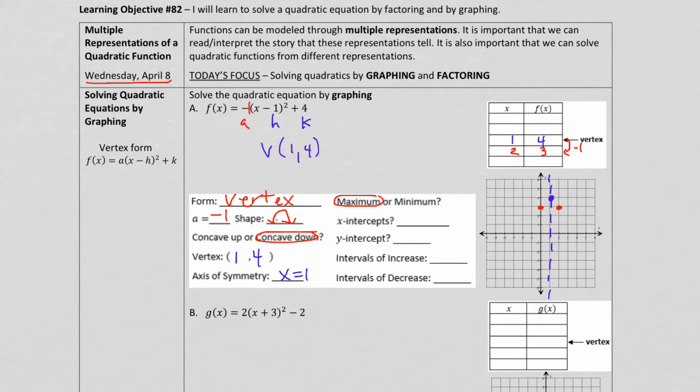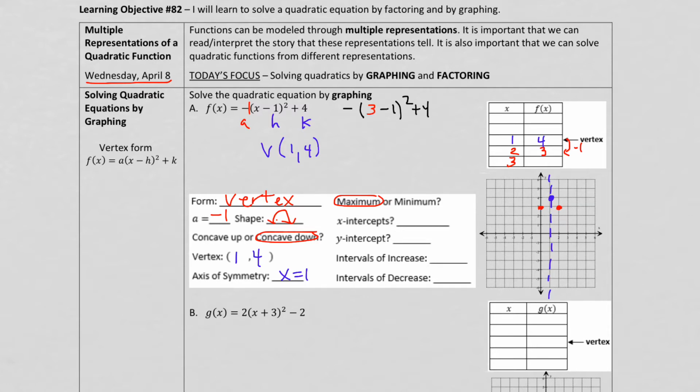To finish, I can find an additional point by finding, say, the input of 3. So if I just input 3 into my original equation, so negative parentheses x minus 1 squared plus 4, I'm going to input a 3 into where x used to be.